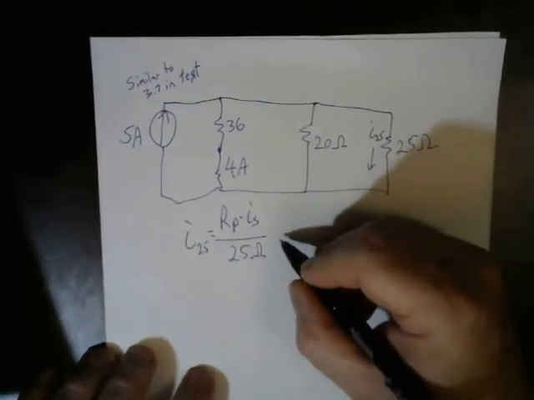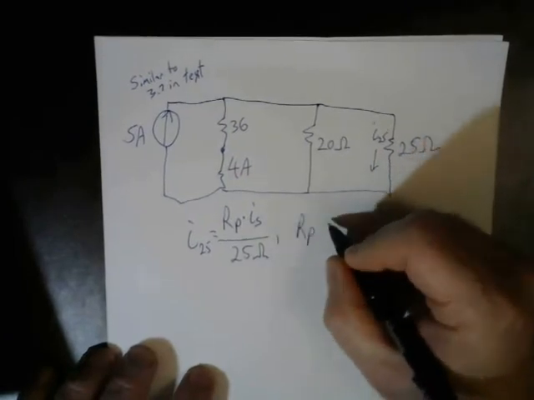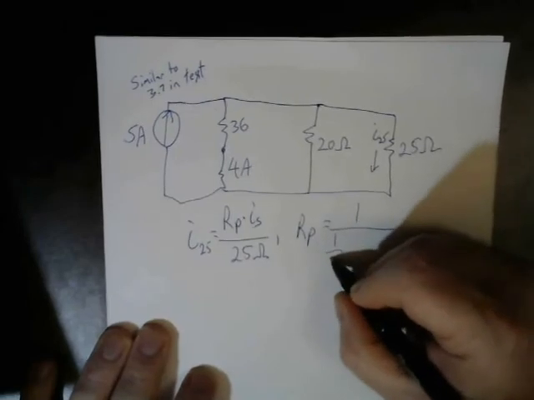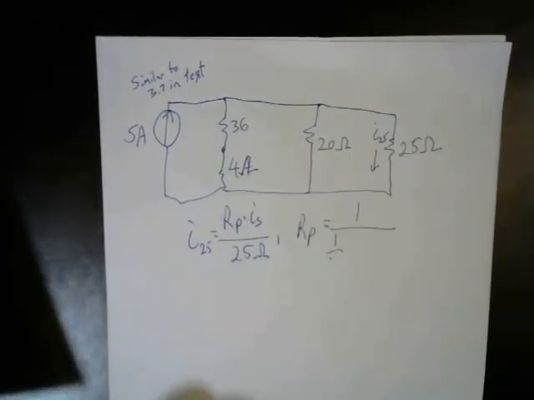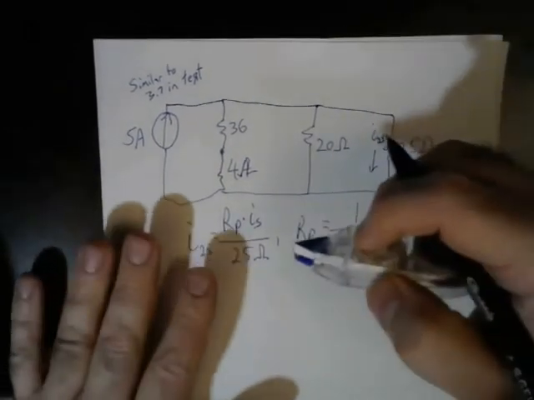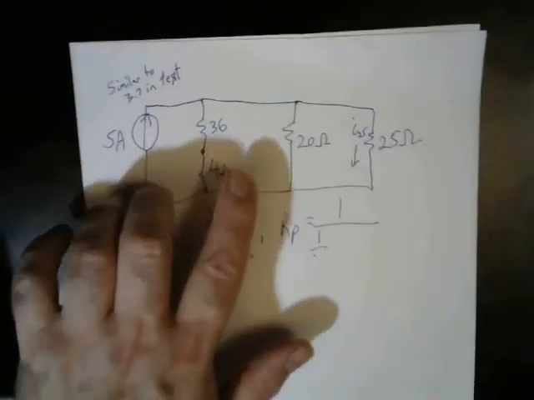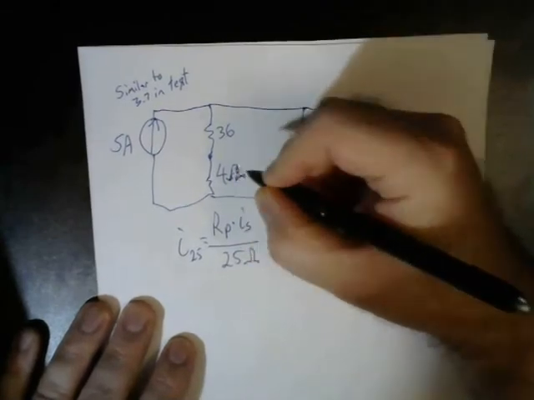All right, so what is R parallel? Let's find that first. R parallel is 1 over, I'm sorry, this is 40 ohms. Well, didn't make that look any better, but that's 4 ohms rather.